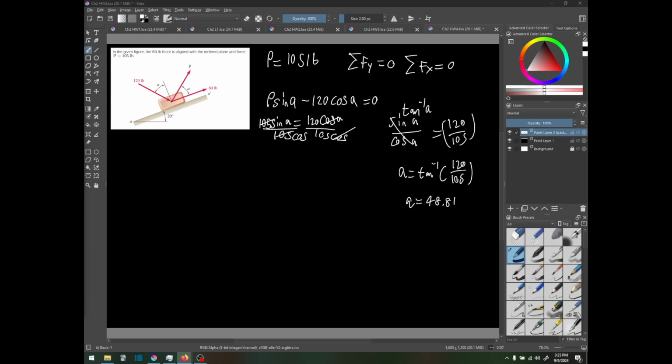Next part is finding the resultant. So same thing we did with y, let's do it with x. We have a 60-pound force, and we also have P, so we can say P cosine of A plus 60 minus 120 sine A equals 0.